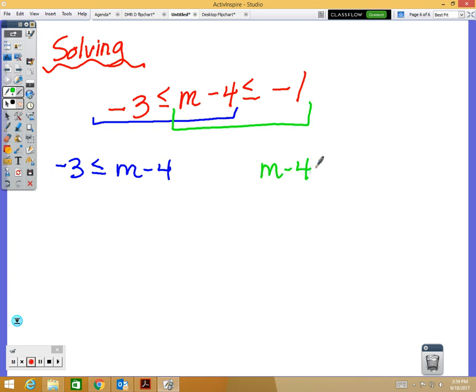M minus 4 is less than or equal to negative 1. And I'll solve that. Okay? So how would I solve this one in blue? Add 4. Thank you, Dawson. So, Dawson, what is negative 3 plus 4? Okay, so 1 is less than or equal to m. There's that one. And then over there, what do I need to do? Same thing, right?